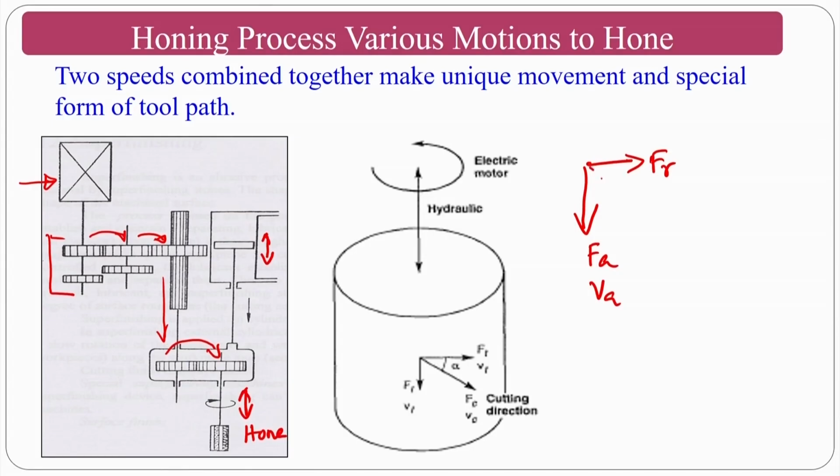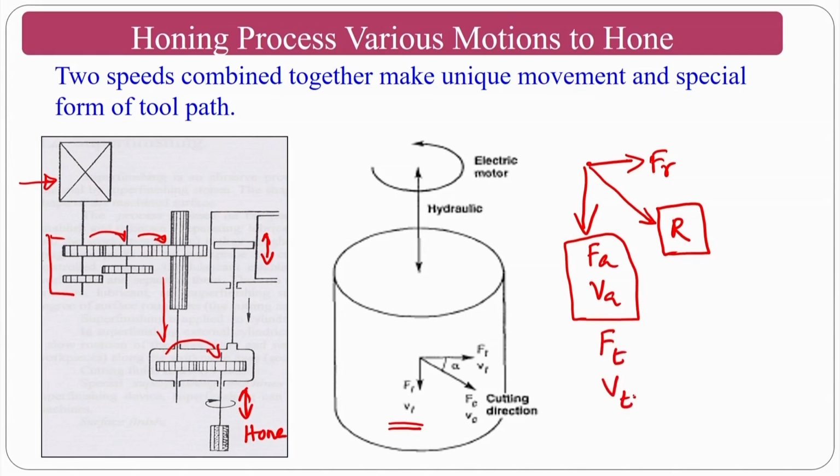You will have a resultant force, which comes from FR and FA. Some textbooks say tangential force and tangential velocity instead of axial force and axial velocity.